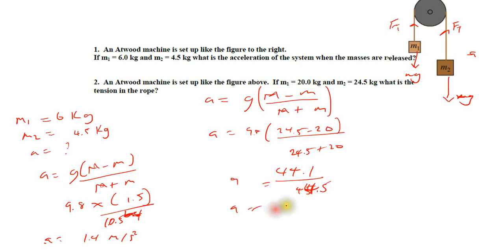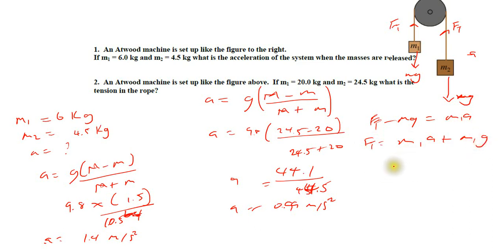So at the end of the day, when you get the acceleration, that should be 0.99 meters per second squared. Now, in regards to the tension force, we can use any one of these equations because we know that the net force is equal to Ft minus mg, which equals m times the acceleration. If we make Ft the subject, we can find the tension force, in this case m1 times a plus m1 times g.